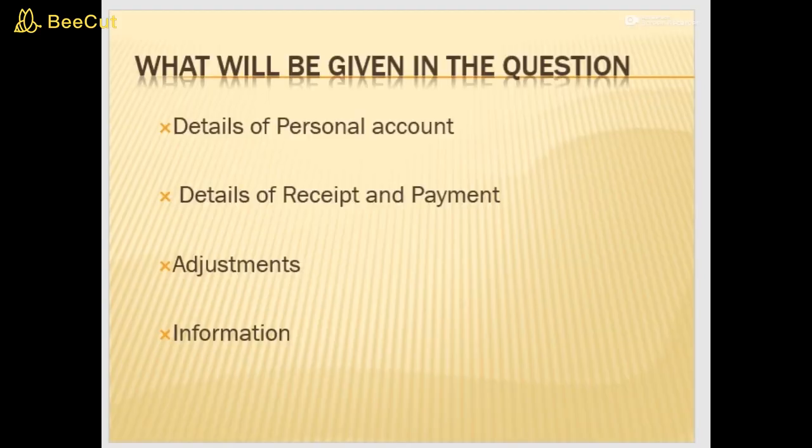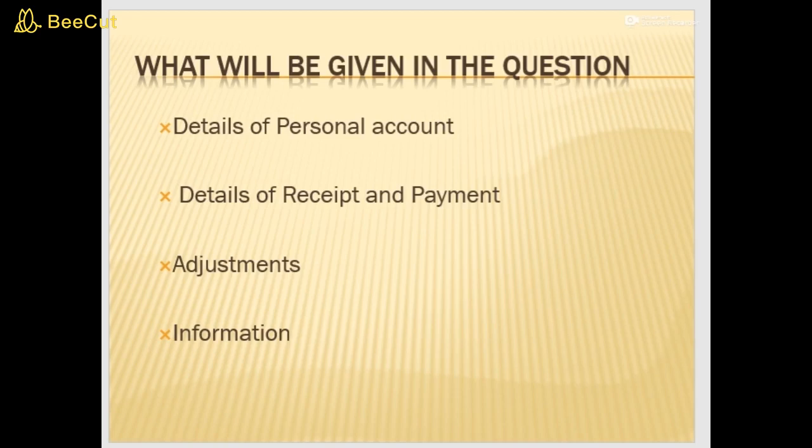Now first of all, let us understand what will be given to us in the question. First, we get details of some personal accounts, like details of capital or bank overdraft, transactions with the debtors, transactions with the creditors, some bills receivable details and bills payable details.